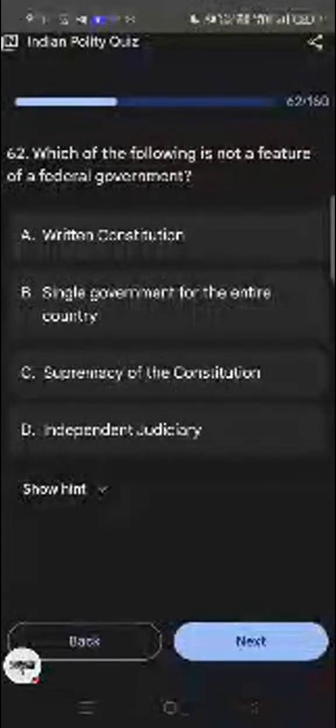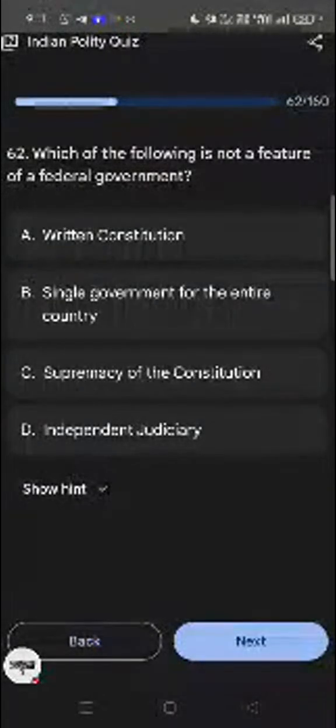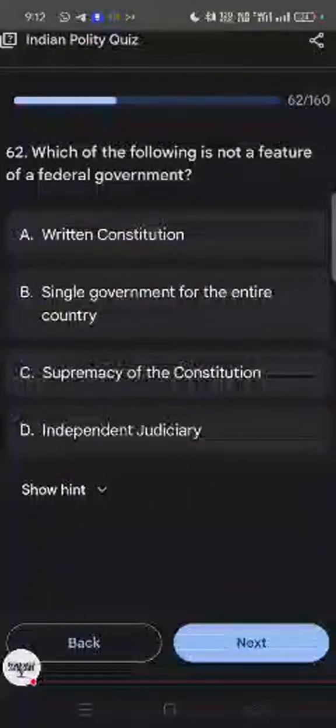Which of the following is not a feature of the federal system? Single government for the entire country is not a feature of the federal system.